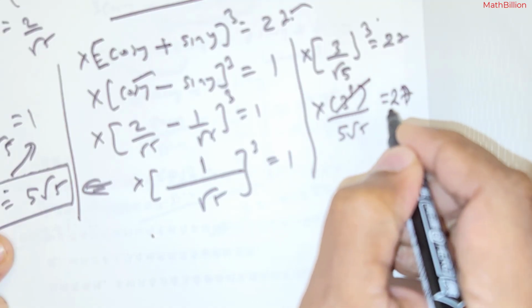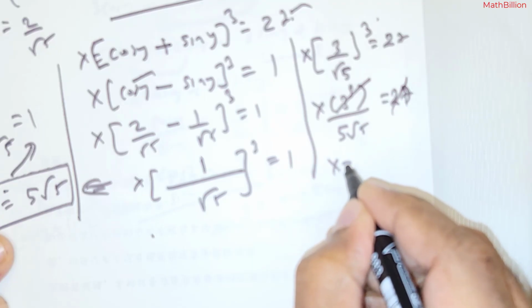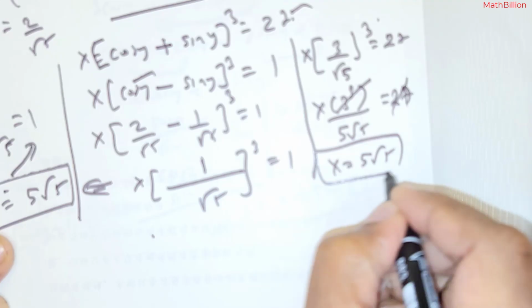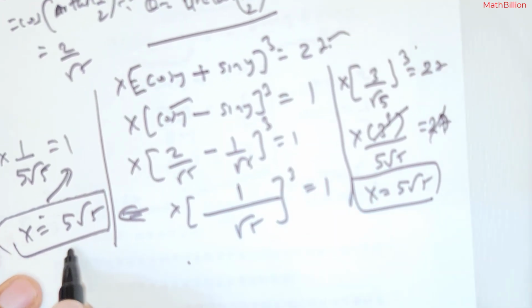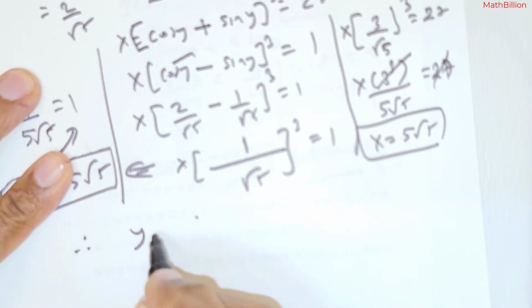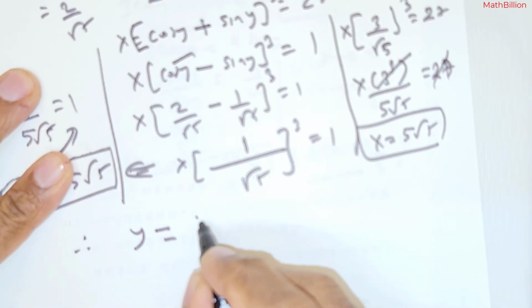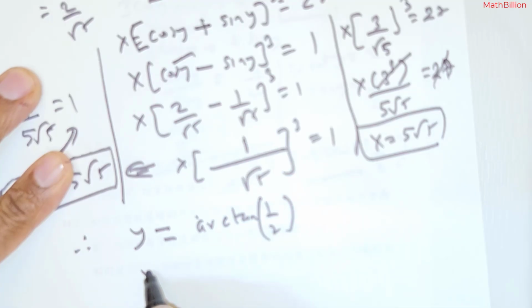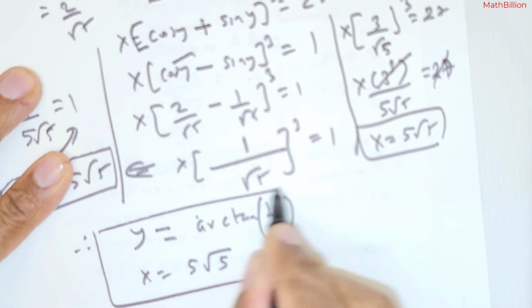Now clearly 3 raised to the power of 3 and 27 cancel. Again we get x is equal to 5 times root 5. Right, in either case this is the value you are getting. So to sum up, the solution is y is equal to arc tan of 1 over 2 and x is equal to 5 times root of 5.